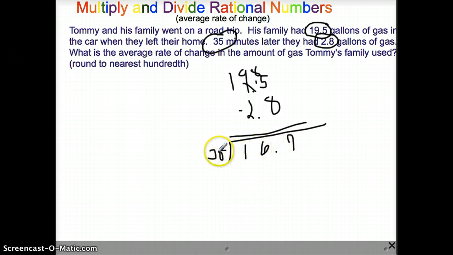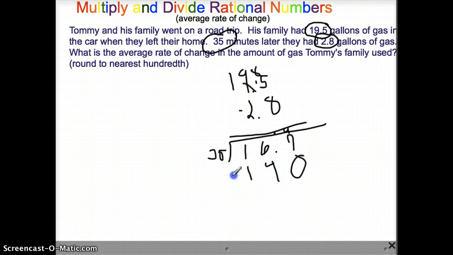Okay, now since 35 cannot go into 16, the whole number, you have to bring up this decimal so we don't forget. Okay? So then 35 can go into 167 4 times. That would equal 140.